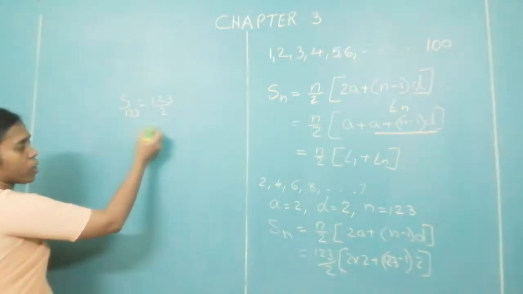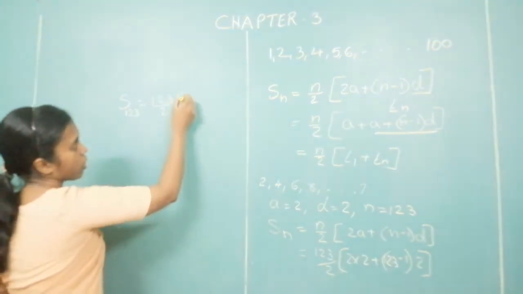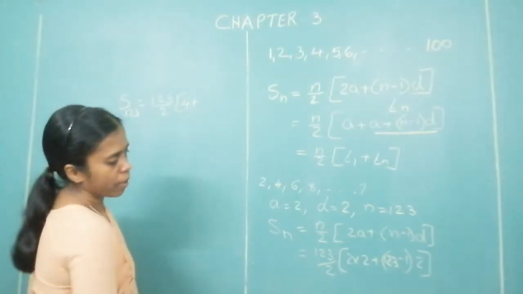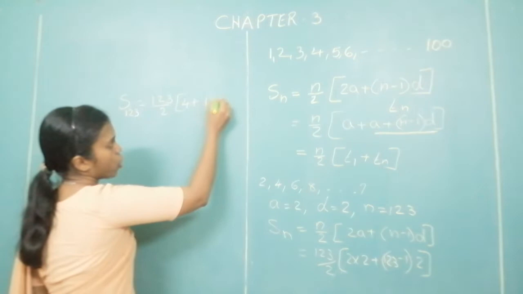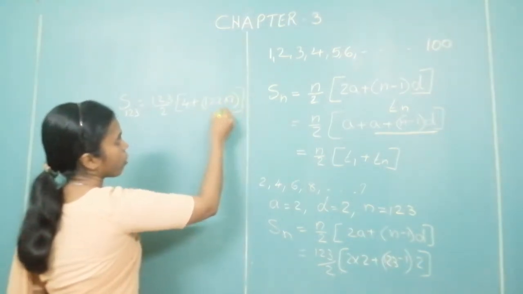So S123 is equal to 123 upon 2 bracket 2 2s are 4 plus 123 minus 1, you will get 122 multiplied by 2. This has to be solved first.